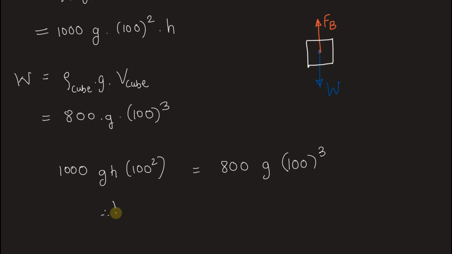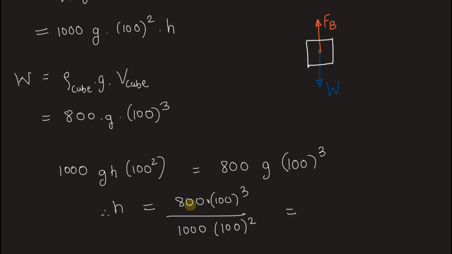Hence, keeping h on one side, we get h equals 800 into 100 cube upon 1000 into 100 square.